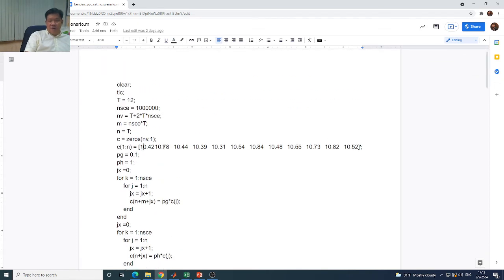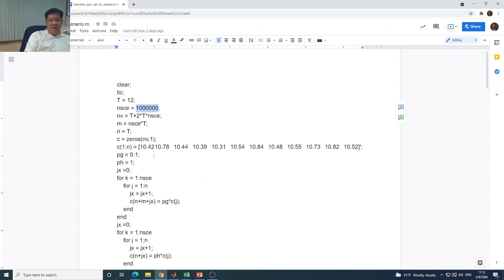You can see CN here is the cost per unit for production for each period 1 to n. You can also change T here, but you have to change the format of the input too. The number of scenarios here, you can see we increased to 1 million.